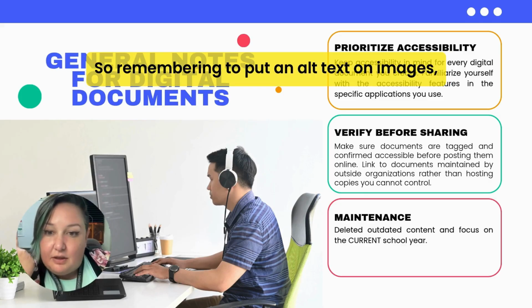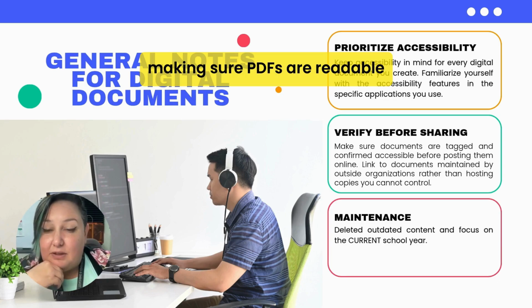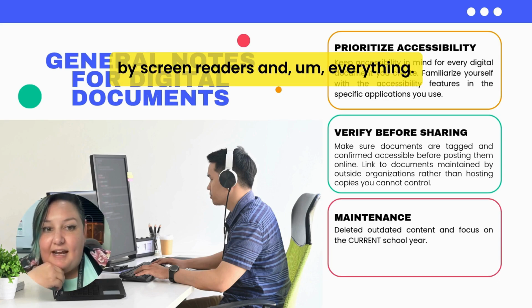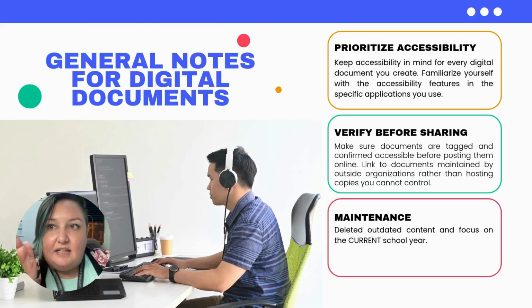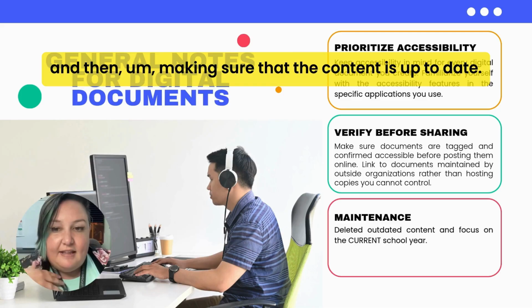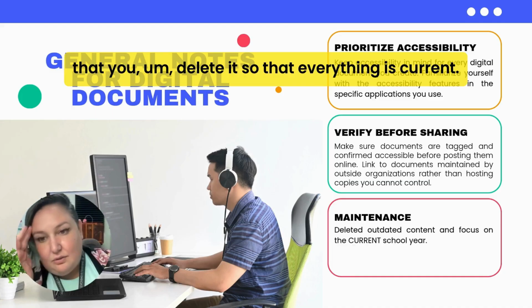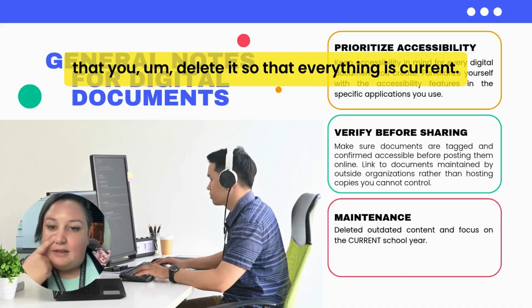So remembering to put in alt text on images, making sure PDFs are readable by screen readers, and just double check everything for accessibility before you upload. And then making sure that the content is up to date. So if you have something that's old or outdated, delete it so that everything is current.